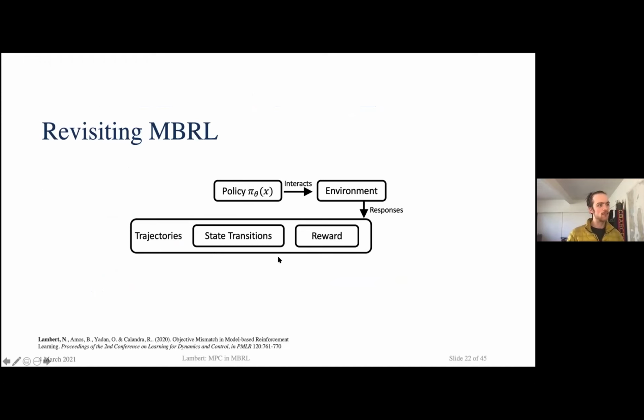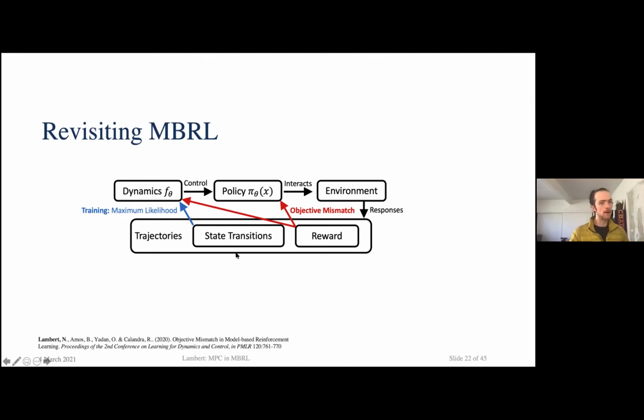Then with these trajectories, we train a dynamics model with maximum likelihood. Blue here is just train an accurate model. Normally this model is then used for the policy, but there's no real direct link to control. What we propose is that there's an objective mismatch, where the reward should be used in optimization of the dynamics model and/or the policy.